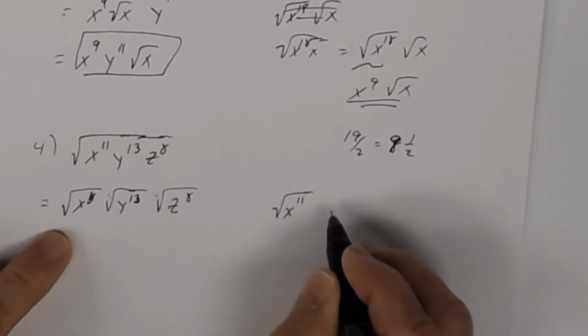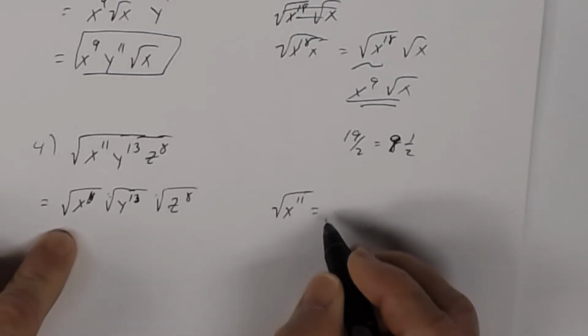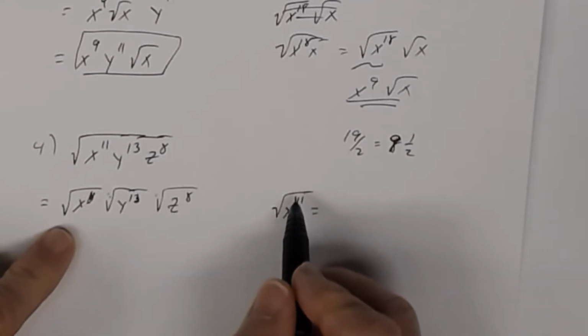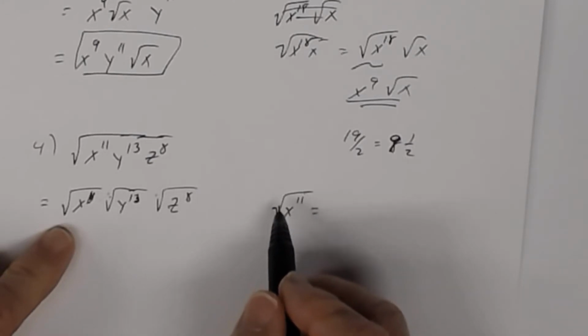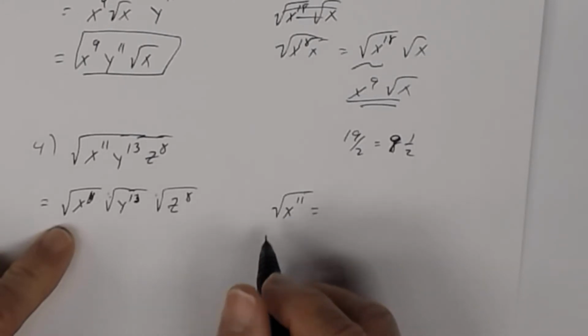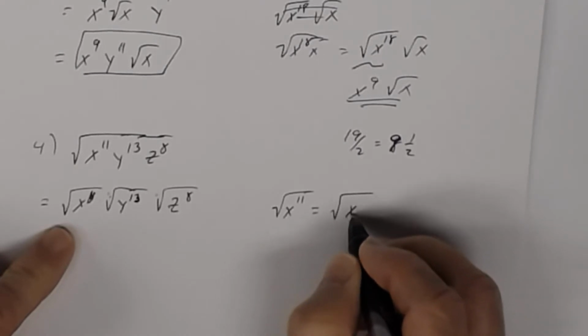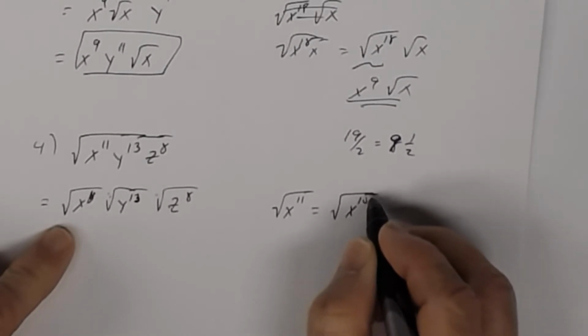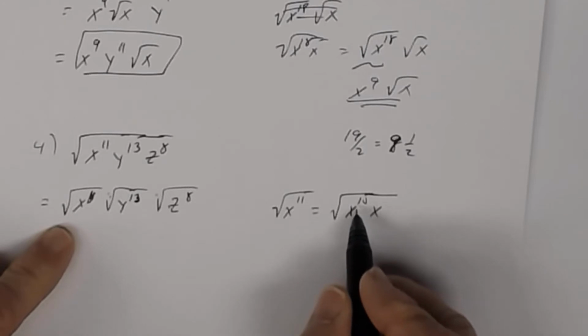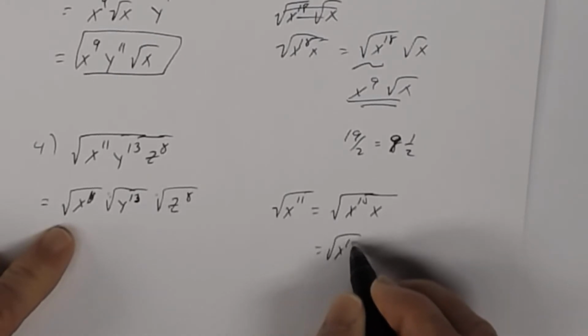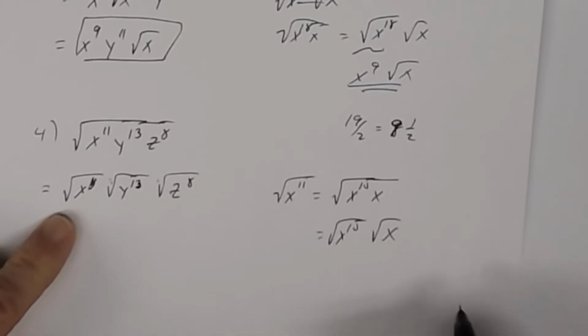Remember how I want you to think about this. What's the largest integer less than 11 that's divisible by the index, which is 2? The answer is 10. So I get the square root of x to the 10th times x, right? When you multiply like bases, you add exponents. So this becomes the square root of x to the 10th times the square root of x using the product property.